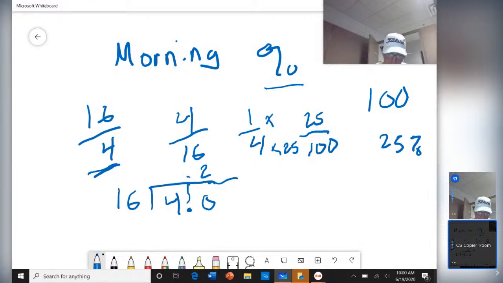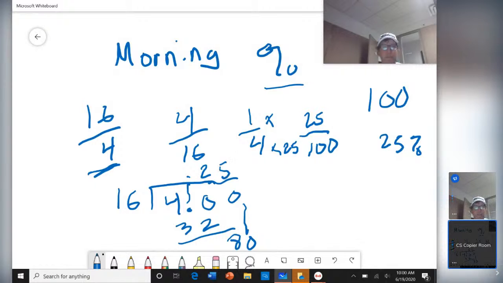I'm going to move this decimal up. 2 times 16 is 32, and 40 minus 32 is 8. We bring another 0 down, and that's 80. Then how many times does 16 go into 80? That would be 5 times. Once again, we have 0.25, which is the same as 25%.